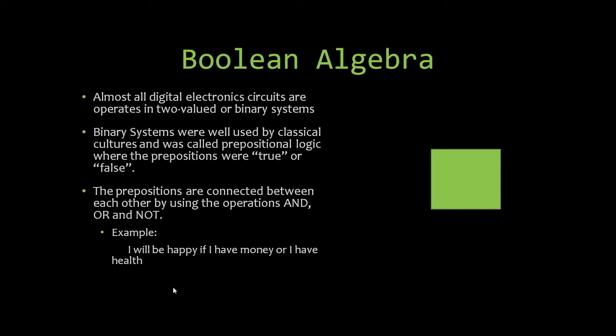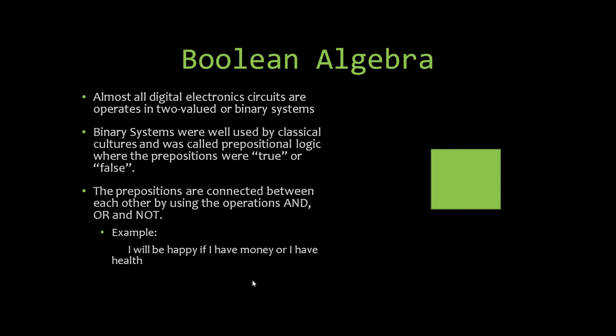Our output can be, I will be happy, because you have this word if. It gives you a relationship of cause and effect. The cause is, I have money or I have health, and the effect is I will be happy. So the happiness depends on the person having or not having money or health.